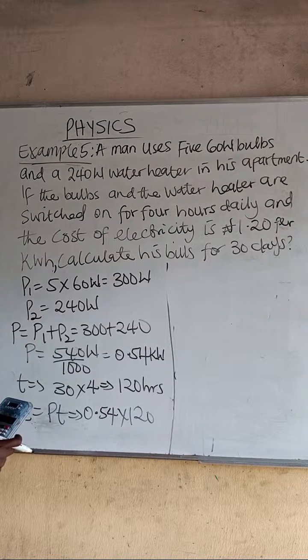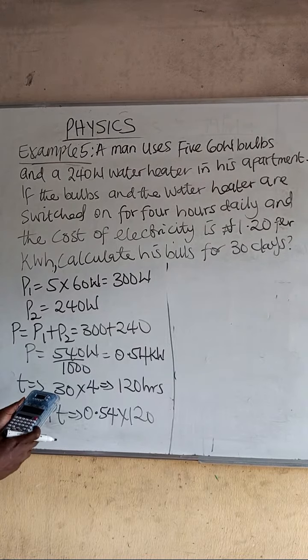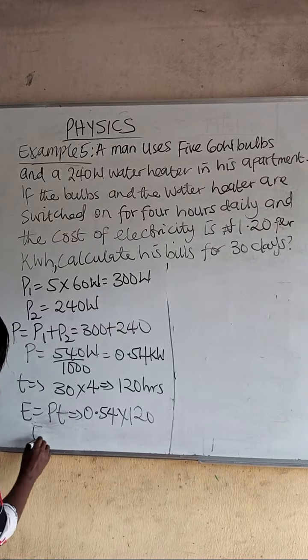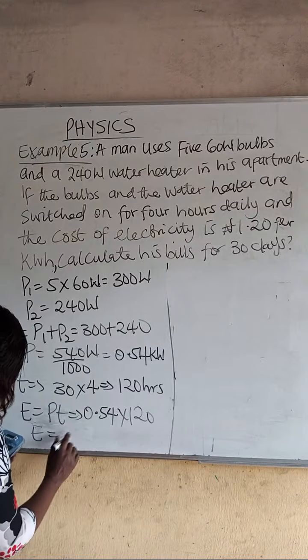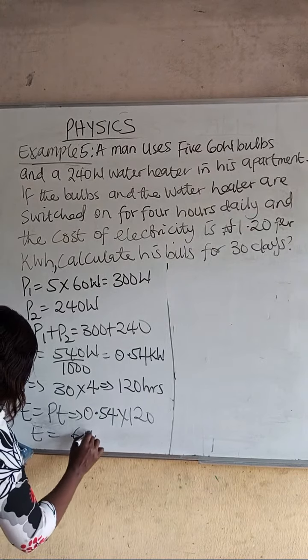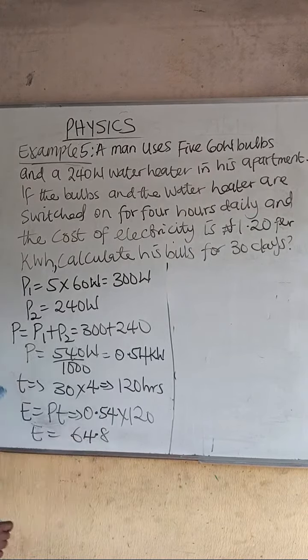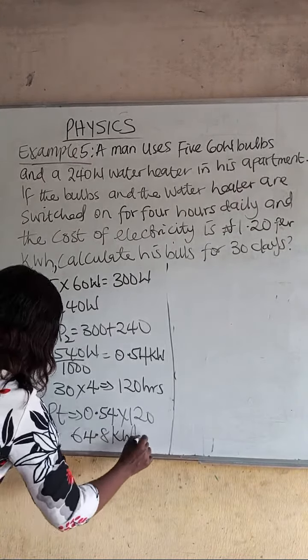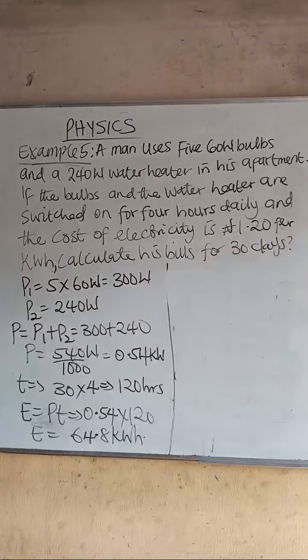Okay? So let's go. 0.54 times 120. I have 64.8 kilowatt hour. Okay?